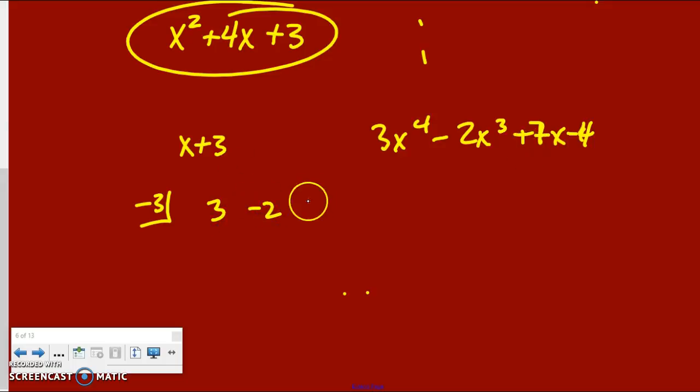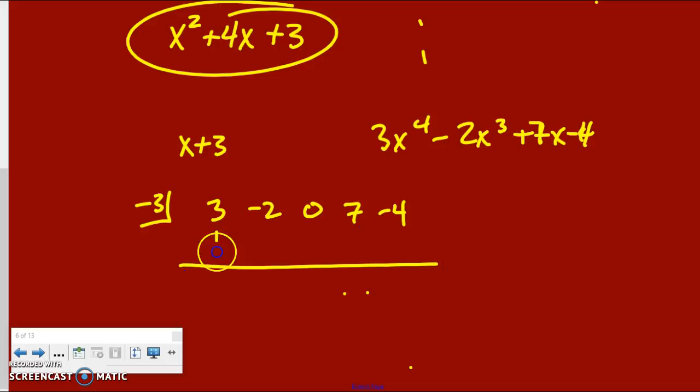It skipped x squared, so you have to have a 0, 7, and a negative 4. Bring down your first term. That's a 3. 3 times negative 3 would give you a negative 9. Now you keep going. You add those. That's a negative 11. Multiply, which gives you a negative 33 here. Keep going. You get 99. If you add those two together, you're going to get 106.